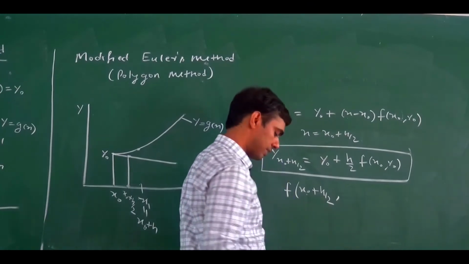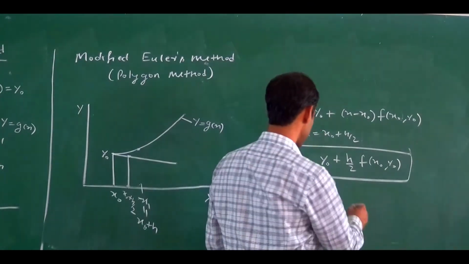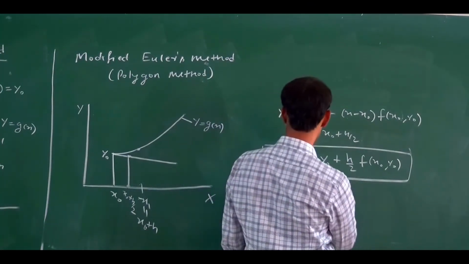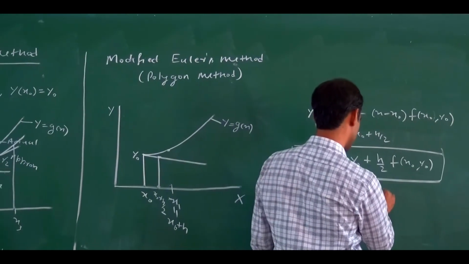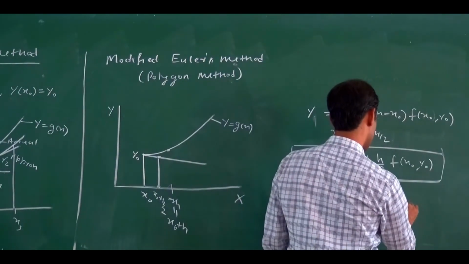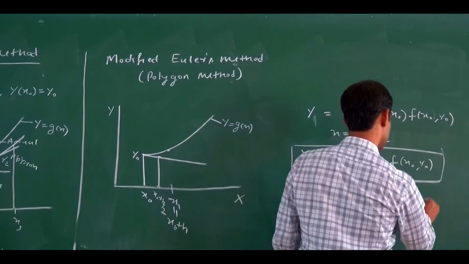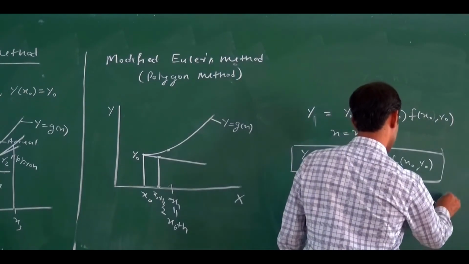F of x0 plus h by 2, and then we write y at x0 plus h by 2, which is y0 plus h by 2 f of x0, y0.